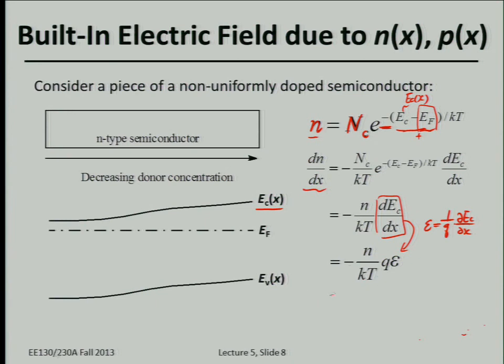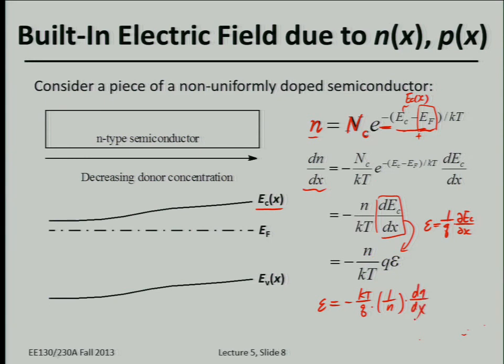In that case, we can get the built-in electric field across the semiconductor bar as a function of the electron concentration as well as its concentration gradient. If you rearrange the terms, it's actually minus kT over q times 1 over n times dn over dx.